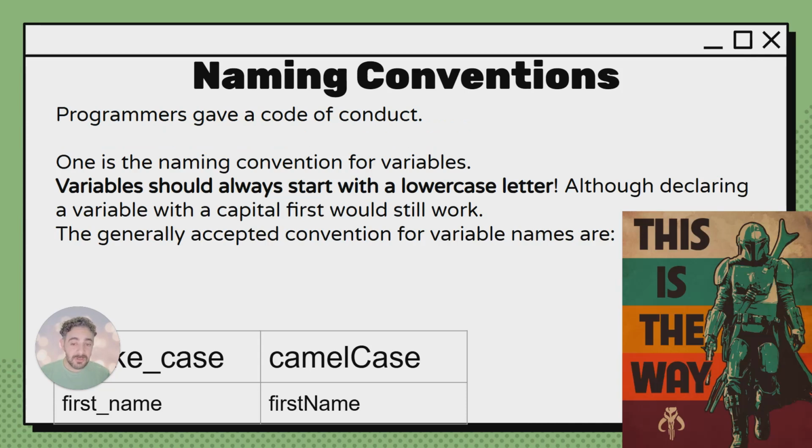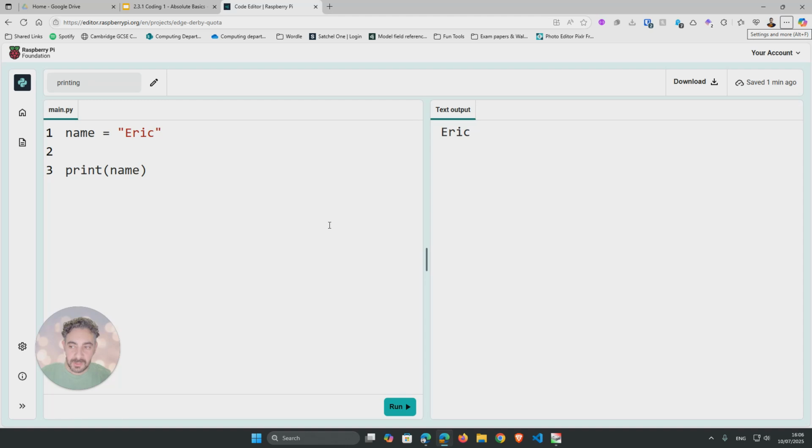There are naming conventions in any programming language. First and foremost, if I come back to this example, you notice that I gave the variable a name such as name, okay?